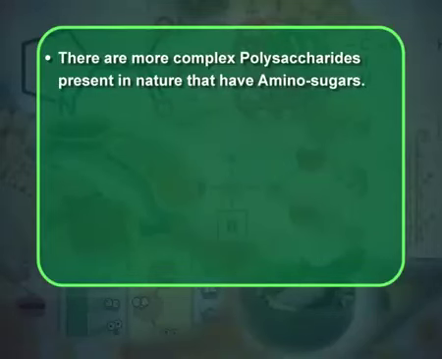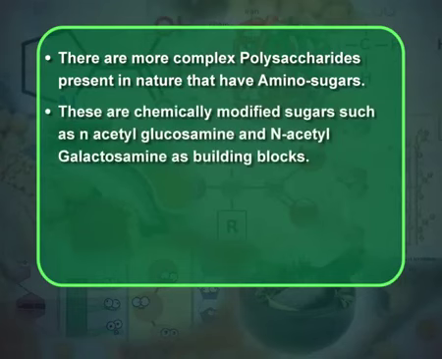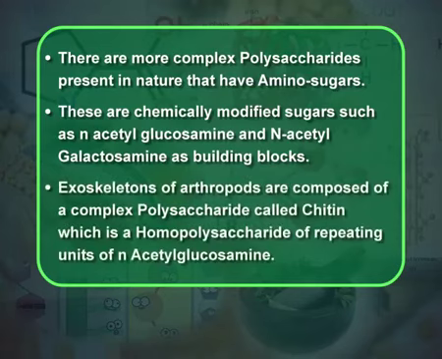Now there are more complex polysaccharides present in nature that have amino sugars. These are chemically modified sugars such as N-acetyl glucosamine and N-acetyl galactosamine. The exoskeleton of arthropods is composed of a complex polysaccharide called chitin, which is a homopolysaccharide. Why homopolysaccharide?